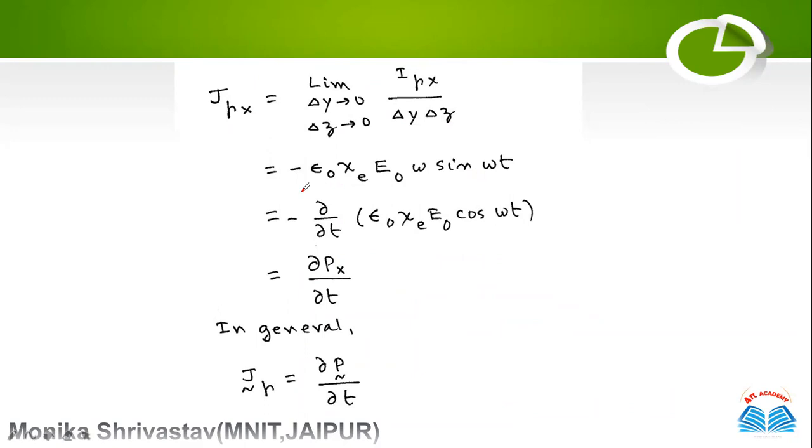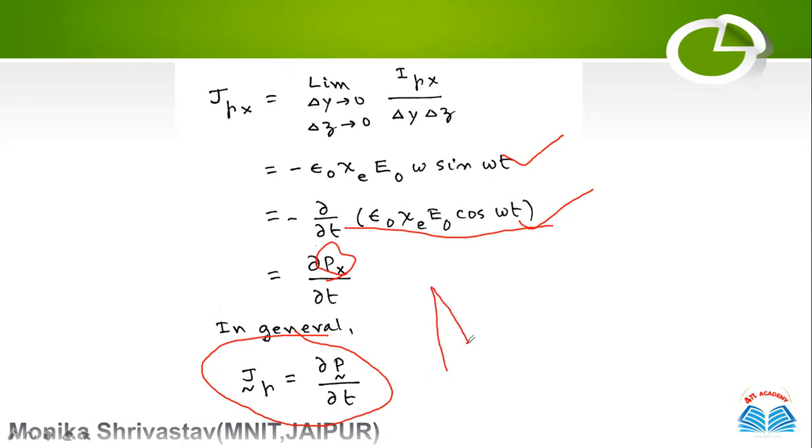So sine omega t is the derivative of cos omega t, and I can write this equation like this also. This is the value of your px again, and thus we get jpx equals del px over del t. This is the important result. Put a star. Remember this result. Keep it in mind all the time.